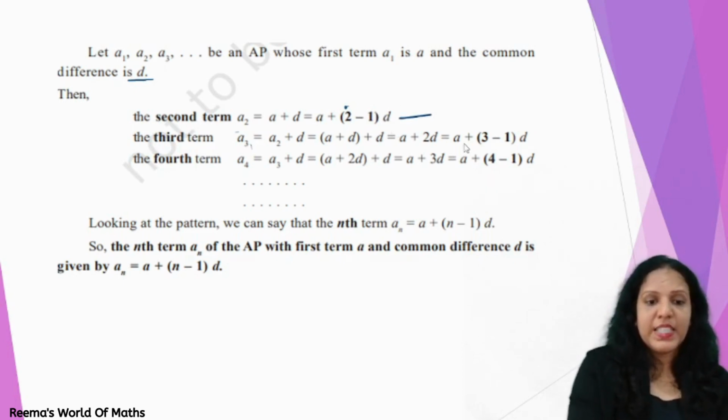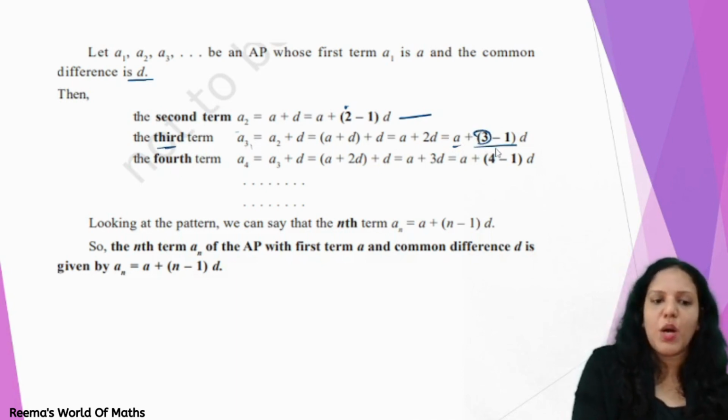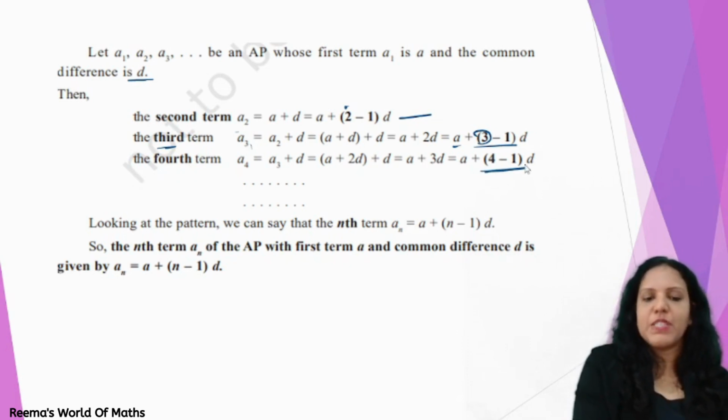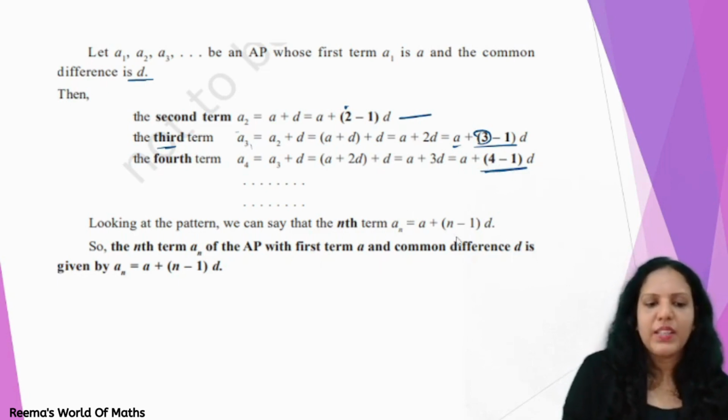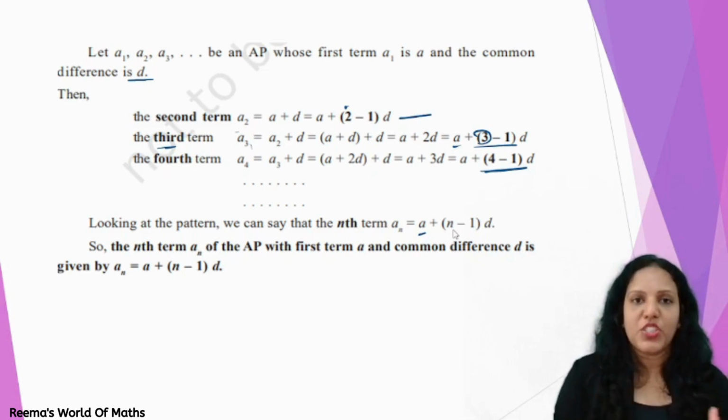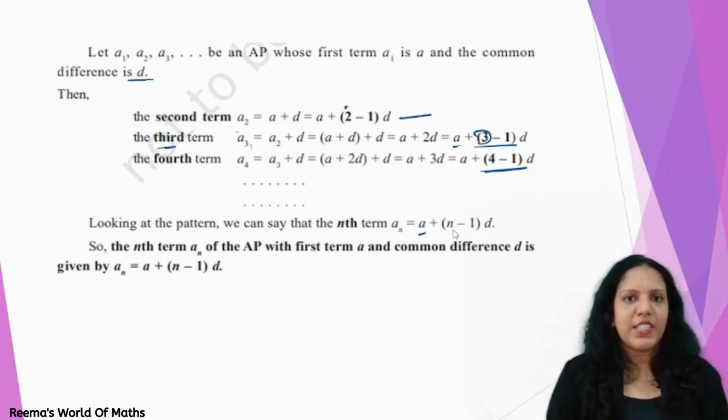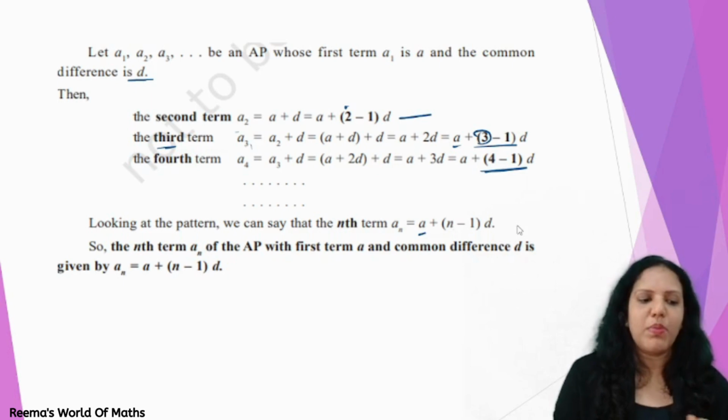Similarly, the third term will be a plus 3 minus 1 into d. 3 is the term we are finding, minus 1, multiplied by the common difference. If you are finding the fourth term, again a plus 4 minus 1 into d. Looking at the pattern, we can say for the nth term, any term in whichever position we need to find, it will be a, the first term, plus n minus 1, the position of that term minus 1, multiplied by the common difference.